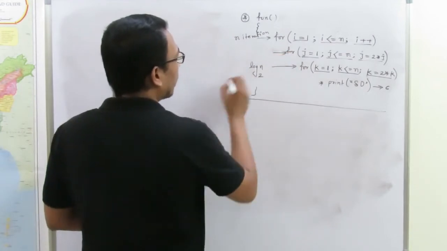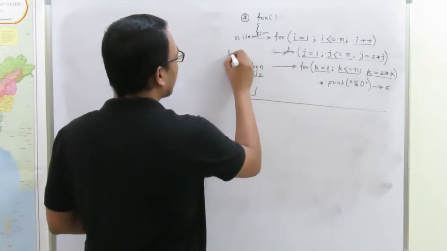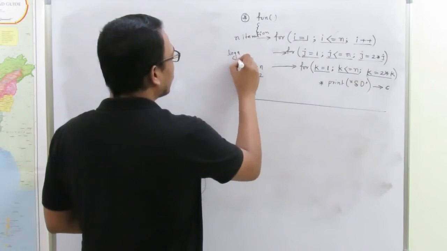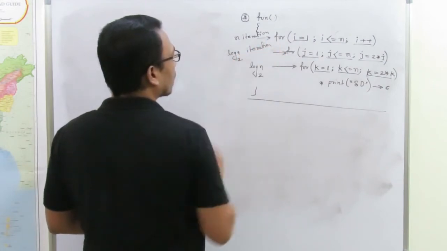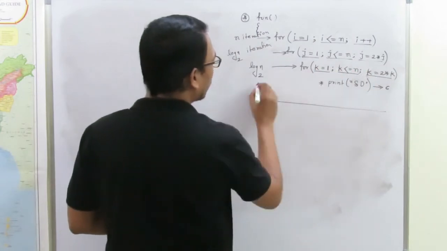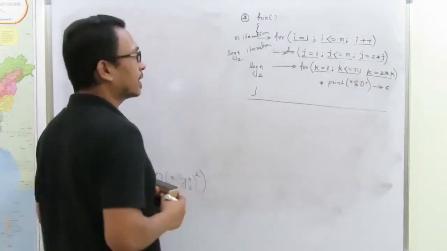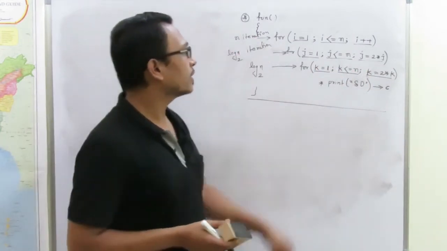So for this particular problem, we have log n base 2 iterations, and for the k loop also we have log n base 2 iterations. That means total how many iterations are there?